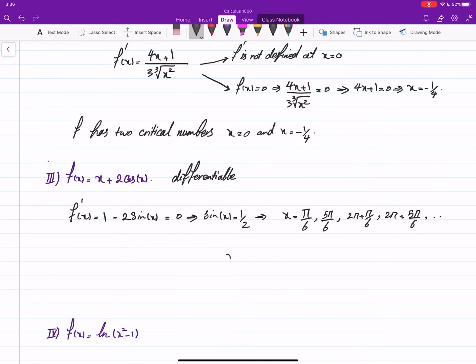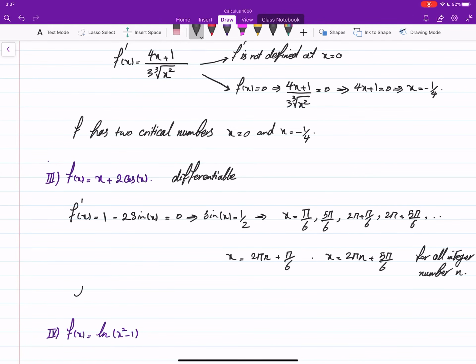In general we have these points, 2 pi n plus pi over 6, or 2 pi n plus 5 pi over 6, for all integer numbers n.